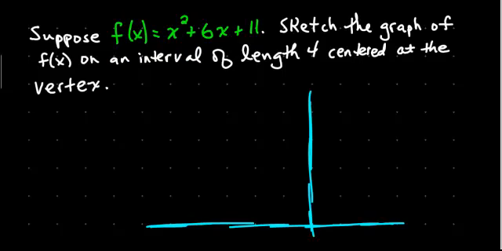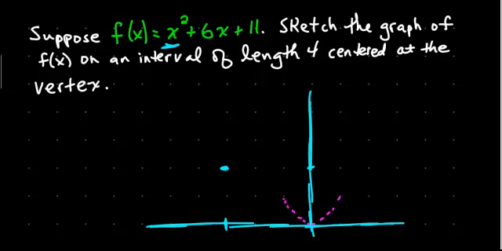All I need to know is that this thing behaves like x squared. It's just been scooted over 3 and scooted up 2. So now it behaves just like my regular x squared.